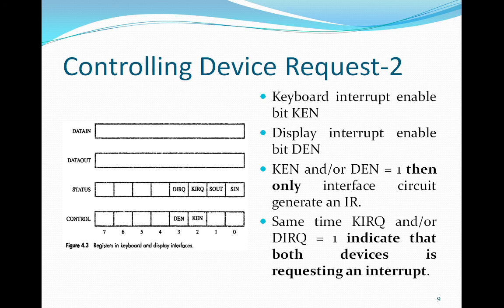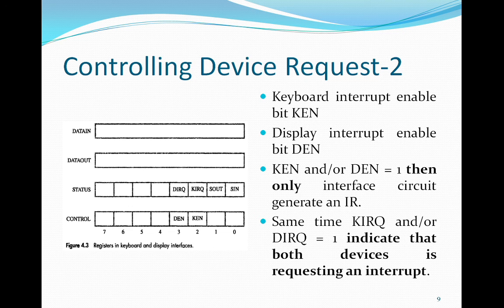If either of these flags is set, then the interface circuit generates an interrupt request whenever the corresponding status flag in the register is set. So when the status is set to 1, it will generate an interrupt request.